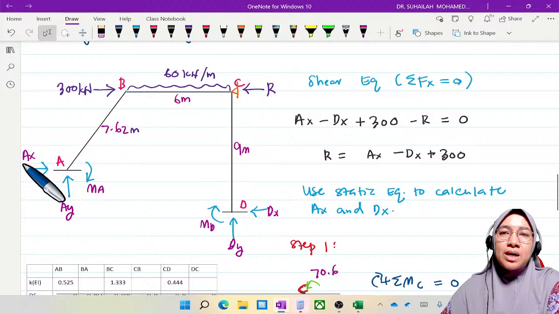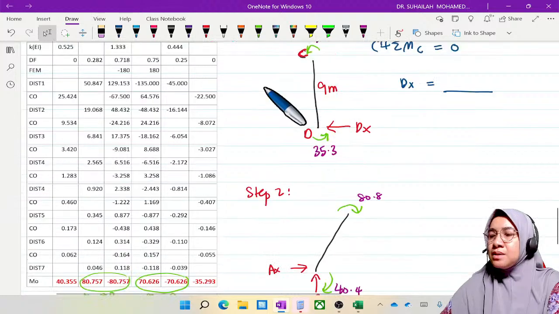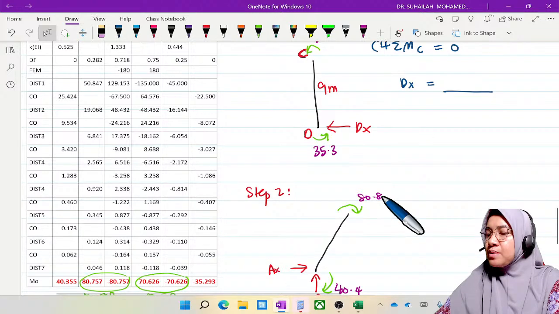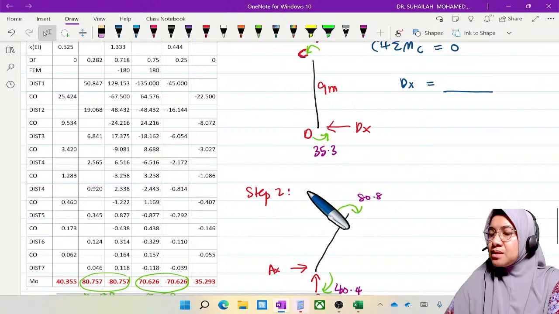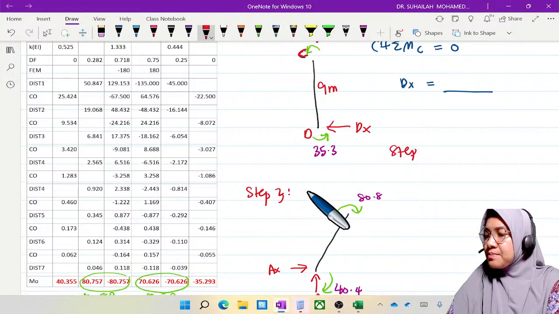After we calculate DX, we will apply the equation total Fx equals 0. This will be the second step, and this is the third step.